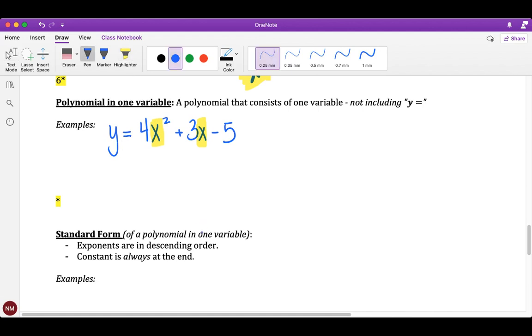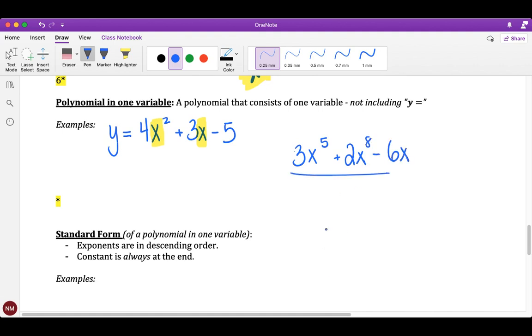Let me make that clear again. A polynomial in one variable, we're not talking about the y equals part, we're talking about this portion right here. There's only one variable. Now, with that said, there can be the same variable with multiple exponents. So I can have something like 3x to the 5th plus 2x to the 8th minus 6x, right?